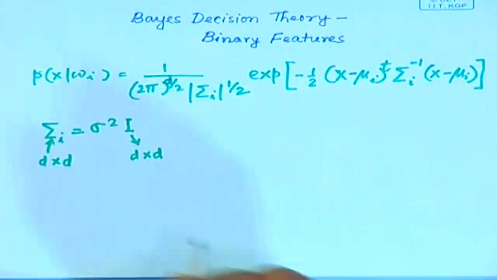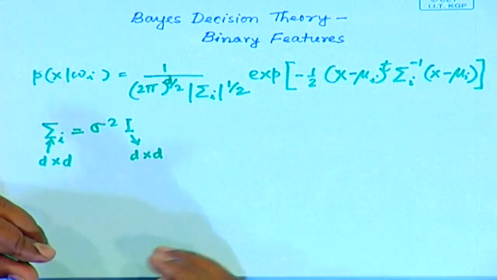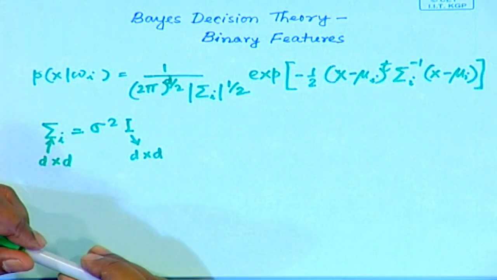Because off-diagonal elements are zeros, the different components of the feature vectors are statistically independent. So in such cases, we have seen that the classifier is nothing but a linear classifier, or when we talk about the discriminant function, the discriminant functions for individual classes are also linear functions. And because they are linear functions, the classifier which employs these linear functions to classify an unknown feature vector is a linear machine.